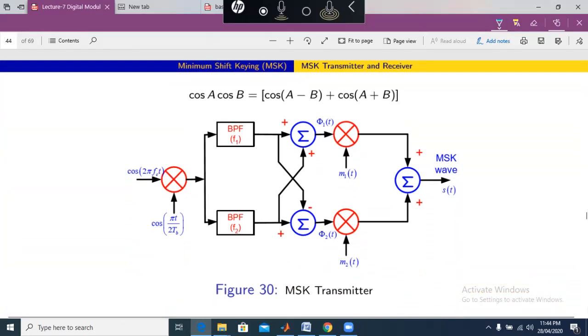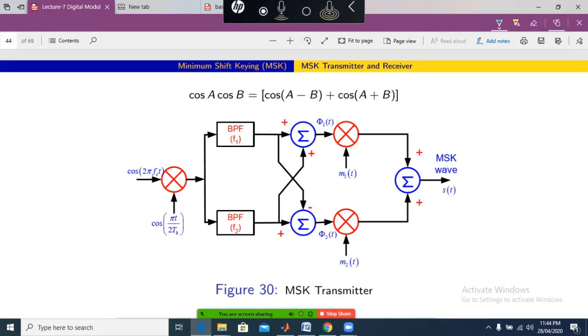In the transmitter part, this is the carrier component, and this is the cosine with h equal to 1 by 2, depending on the value of t, which is changing from 0 to TB.